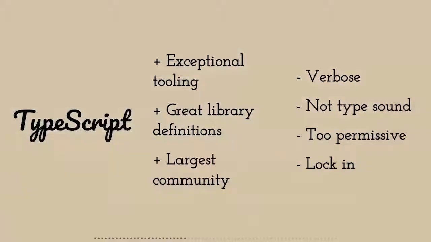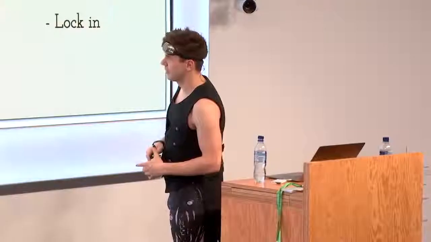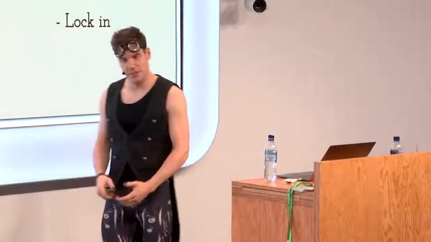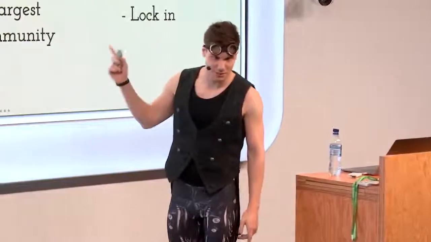TypeScript is probably the most popular one around nowadays. It has absolutely exceptional tooling as long as you use VS Code. I am unsure how good it is at other things, but I will be honest, like Christopher was mentioning, if there's one thing from a system that you generally dislike that you really want in the thing you do like, I would want TypeScript tooling.